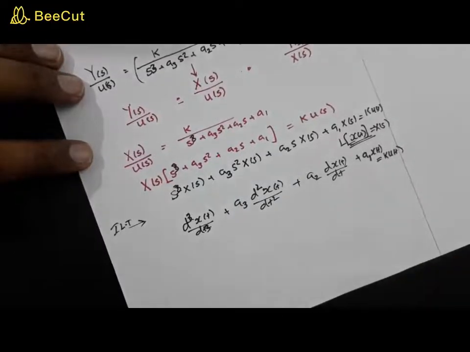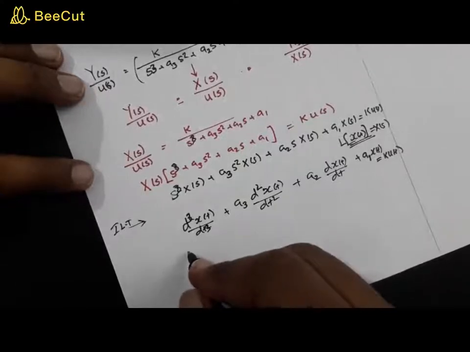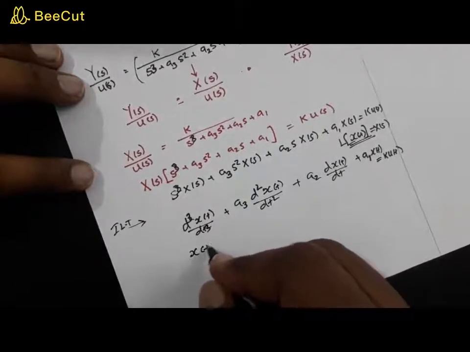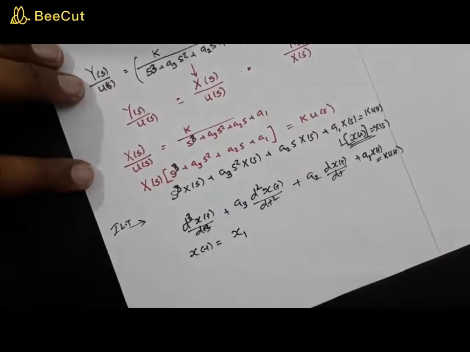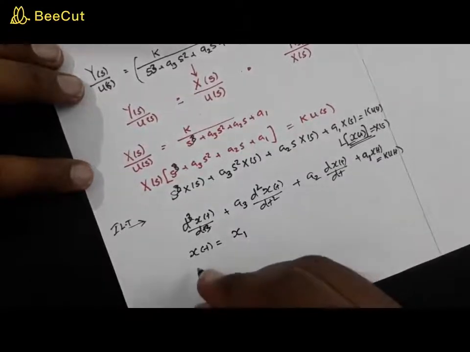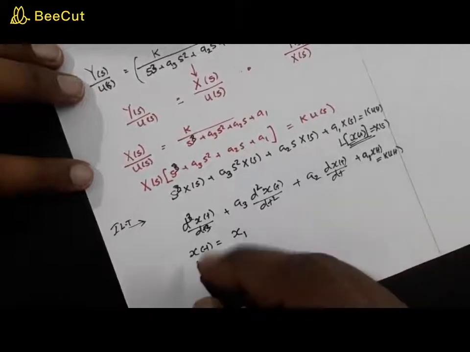Okay, so from this what you need to do is you can assume this x of t to be a variable x1, and this is one of the state variables.